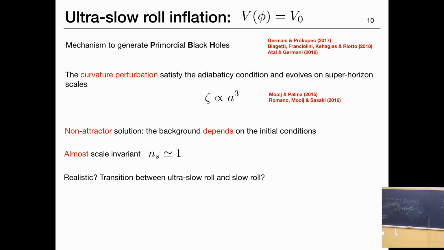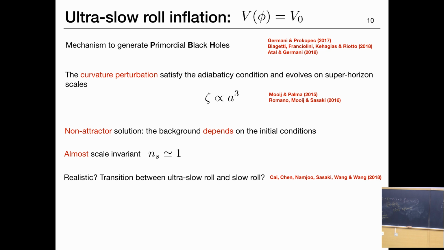The model never ends. Inflation never ends in this kind of model. So there must be at least a transition regime between ultra slow roll inflation and slow roll inflation. There are some people working on this subject.